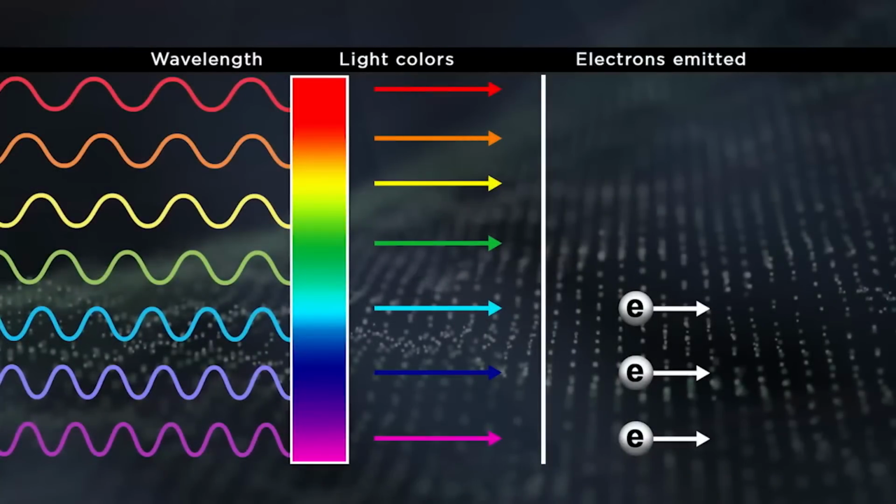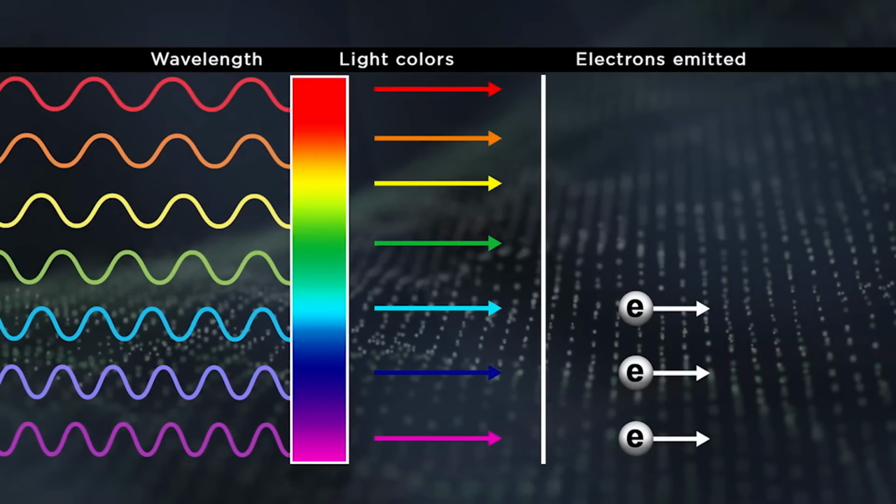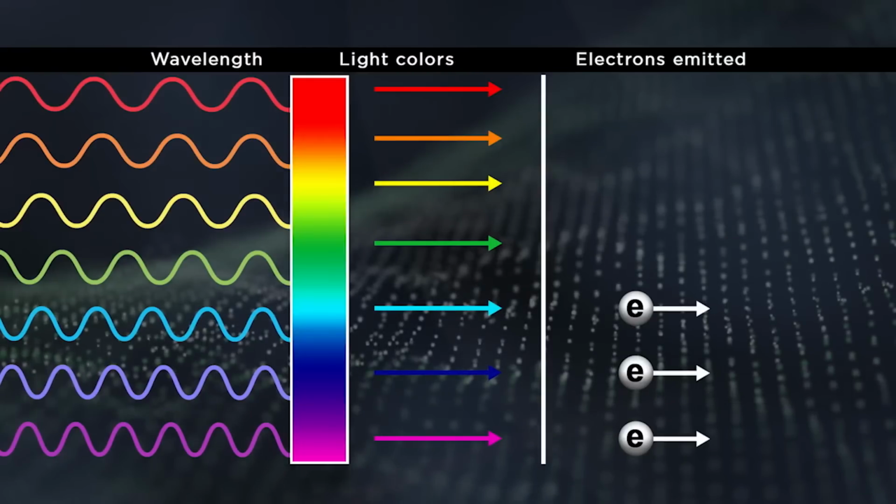However, when the photoelectric effect was studied in detail, there were some mysteries, specifically 2 features. The first is puzzling. Certain colors of light will knock out electrons and others won't. The exact color depends on the substance, but roughly speaking, red, orange, yellow, and green just won't do it.